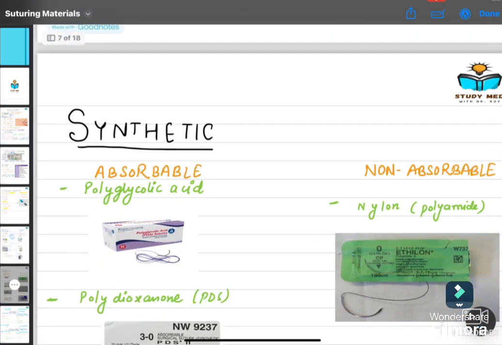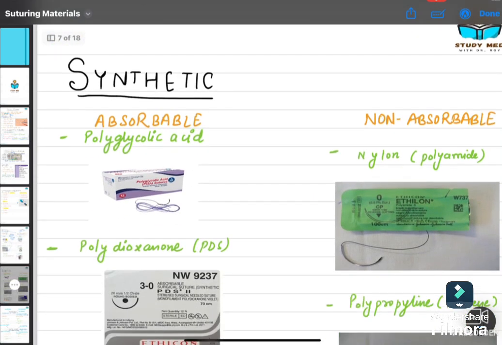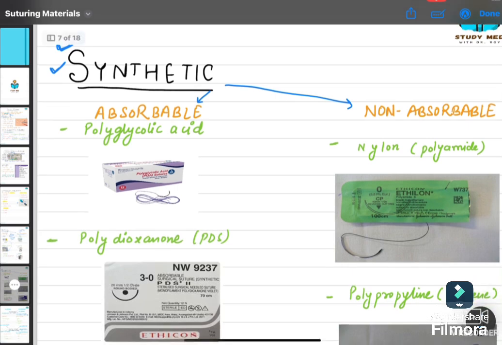Secondly, we are going to study now synthetic ones. We have studied natural sutures based on the source of procurement. Now synthetic ones that are man-made. Again, these are of two types: absorbable and non-absorbable. So the first example in absorbable ones is polyglycolic acid, or simply PGA.